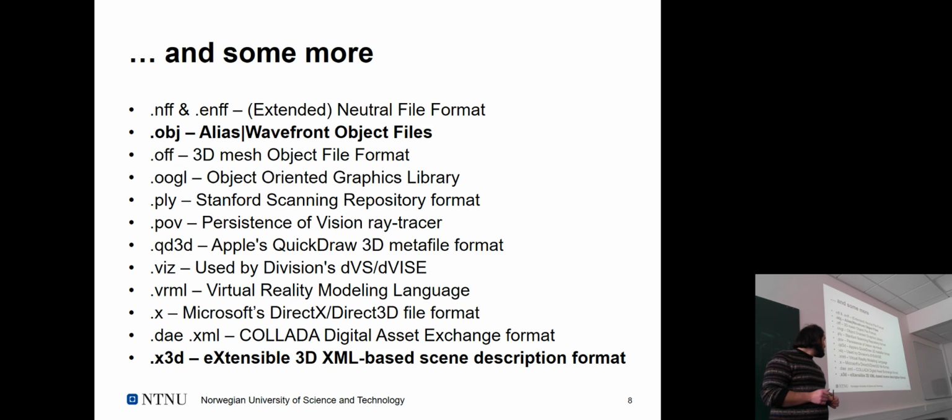Nowadays it's replaced by X3D, the most common web standard. And POV is the POV-Ray ray tracer software, a proprietary format, and so on. So we have a huge palette of different formats with different capabilities.